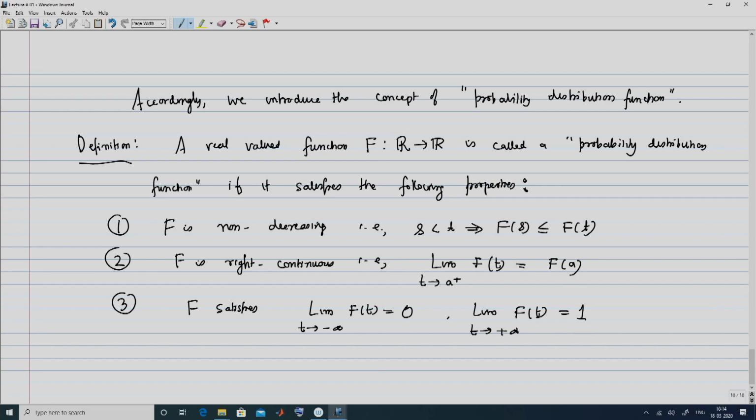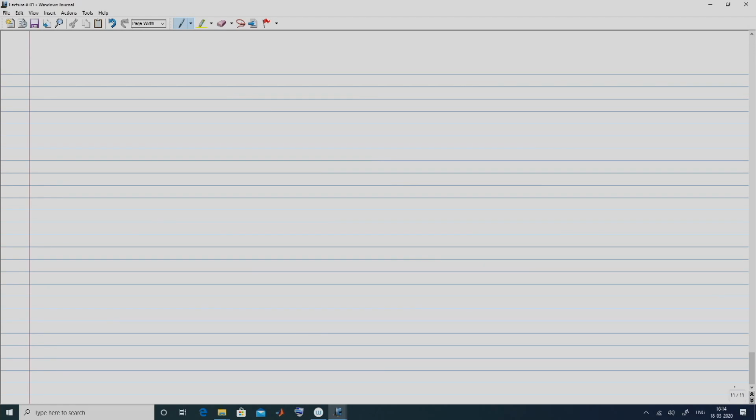So, based on this definition with these three properties of non-decreasing, right continuous and the limits as t tends to minus infinity and plus infinity, we are now in a position to state two results.